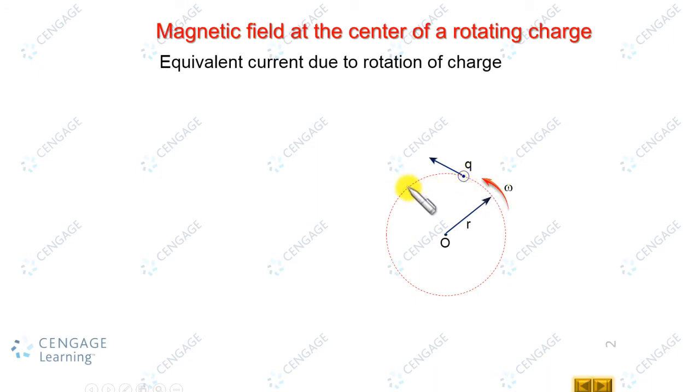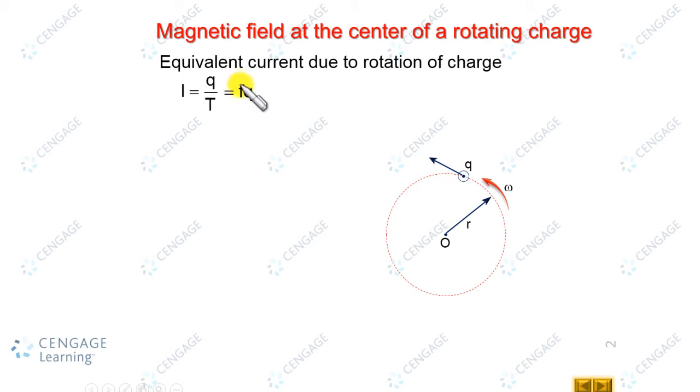Here we can write equivalent current as charge, this is small q, divided by time period of rotation, that is q divided by capital T. And capital T is the time period of rotation, and 1 upon capital T can be written as frequency. So here we can write I equal to small f multiplied by q.